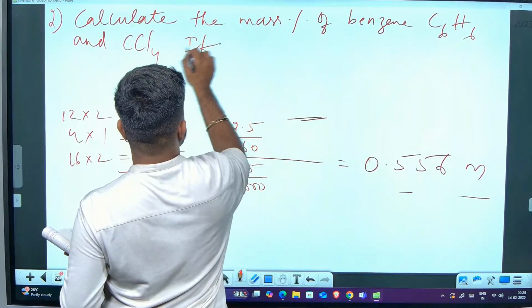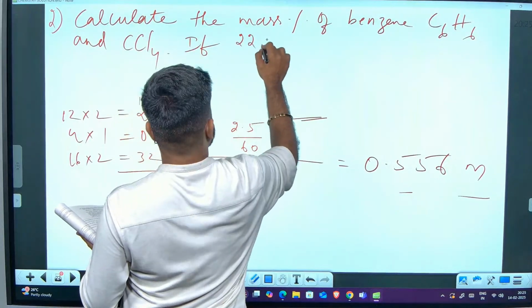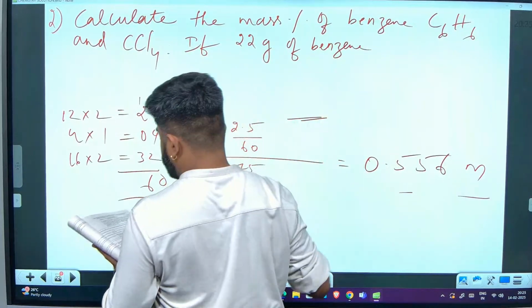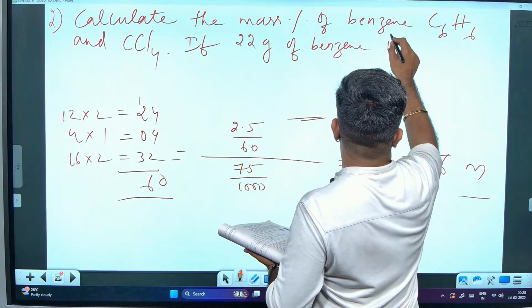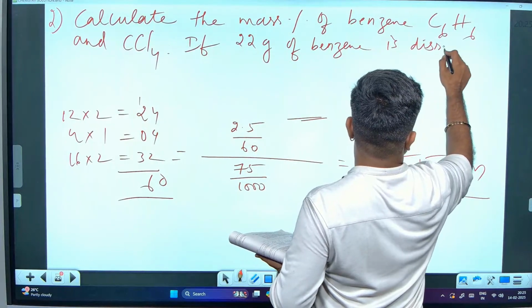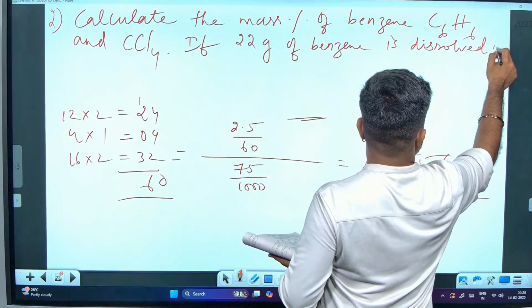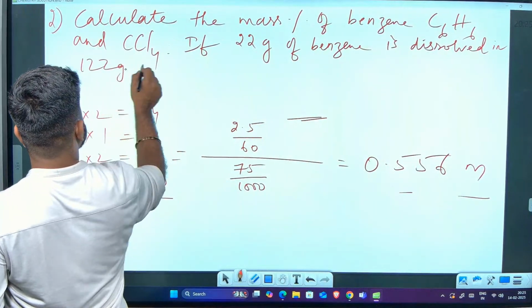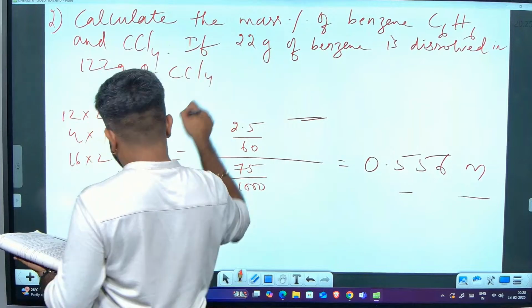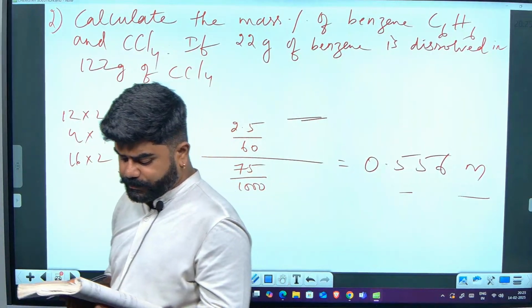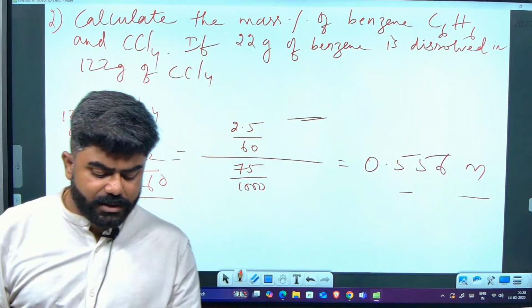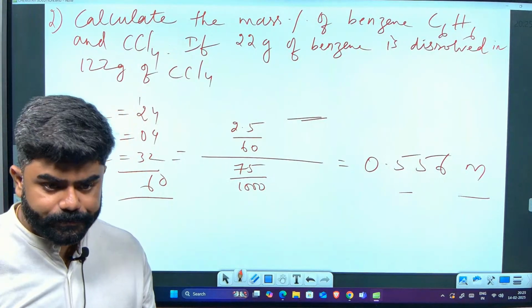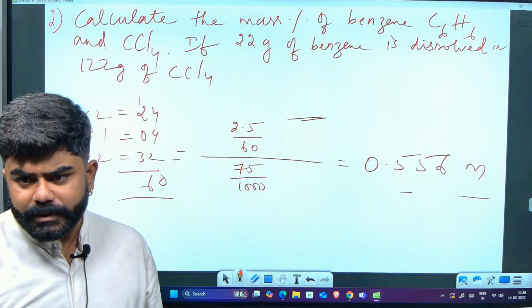If 22 gram of benzene is dissolved in 122 gram of CCl4, you are supposed to calculate the mass percentage of benzene and CCl4, both.